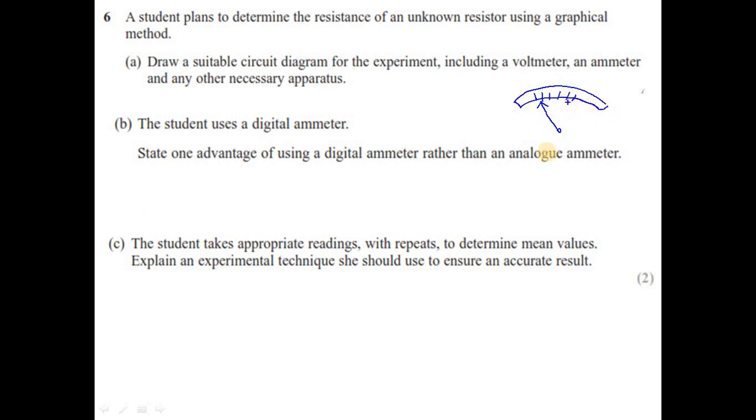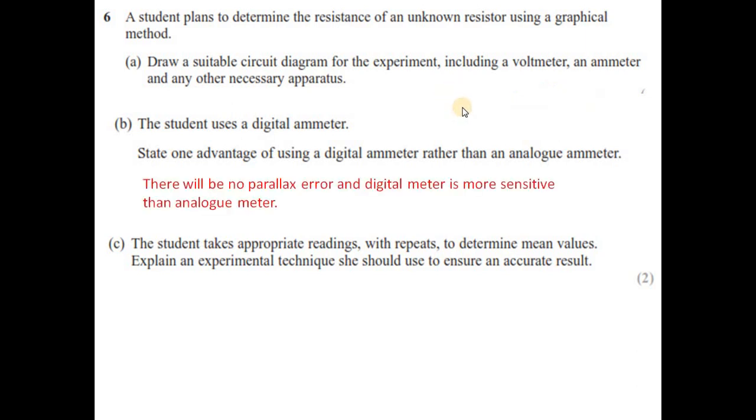So clearly, if we use an analog meter, we might have a parallax error. So a digital ammeter removes the parallax error, and of course a digital ammeter is more reliable than analog and more sensitive. So that's how you can differentiate between these two.